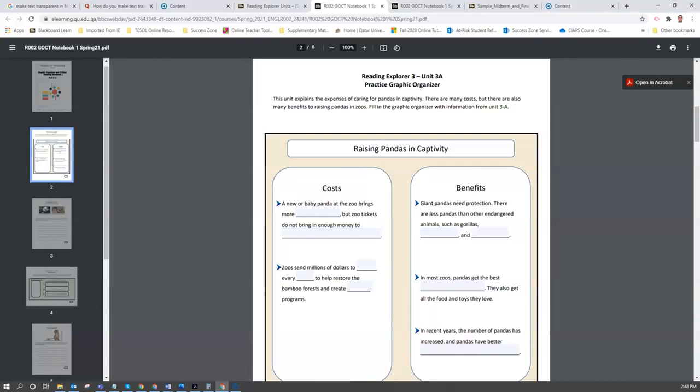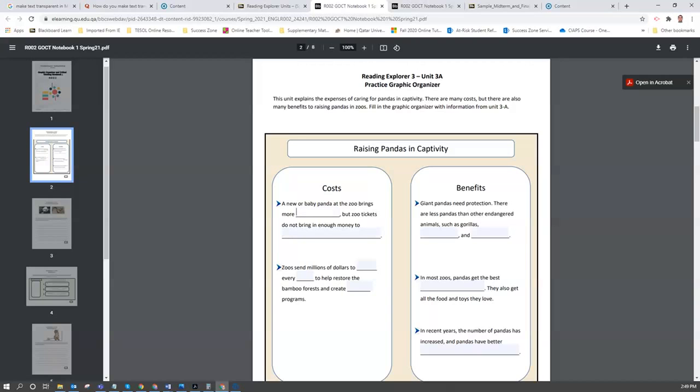Okay. So let's click on the second page, and this is where you're going to start doing the work. We'll read through the instructions here, but this unit explains expenses of caring for pandas in captivity. There are many costs, but there are also many benefits to raising pandas in zoos. Fill in the graphic organizer with information from Unit 3A. Okay, so you're going to read that story, which we've already done, and now you're going to put in your answers here.